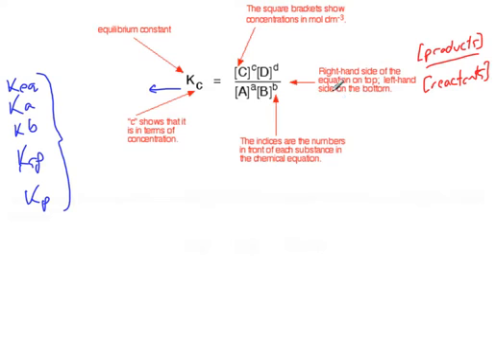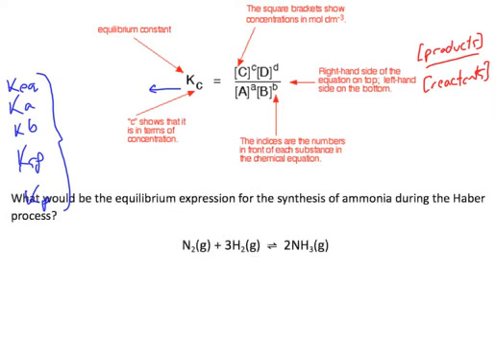As it says, products over reactants, and the indices, or stoichiometric coefficients, the exponents here, are derived from the stoichiometric coefficients from your balanced equation. So writing an equilibrium expression is really not that hard once you have an equation in front of you. Here's an example: the Haber process, the production of ammonia gas.